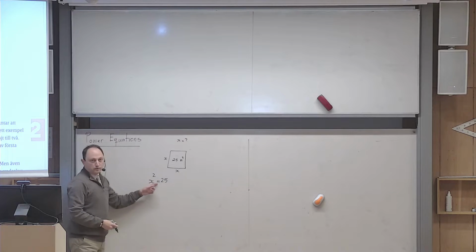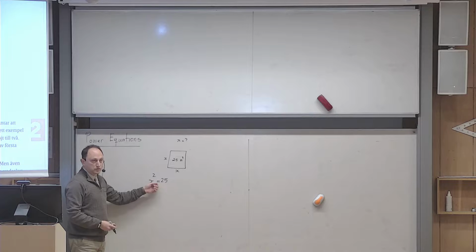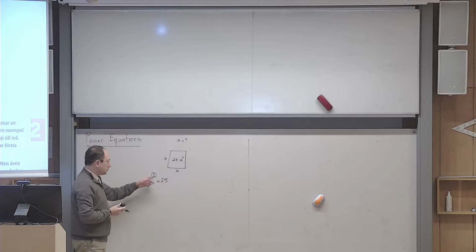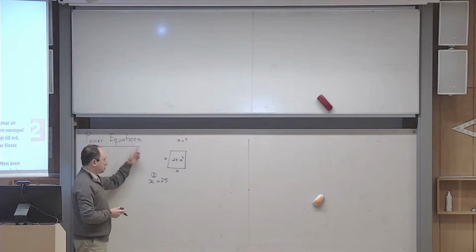And then you are supposed to find x. I'm not saying this is hard, but this is different from the equations we had so far, because you see that the unknown is x, but its exponent is not 1, it is some other number. So that is called a power equation.